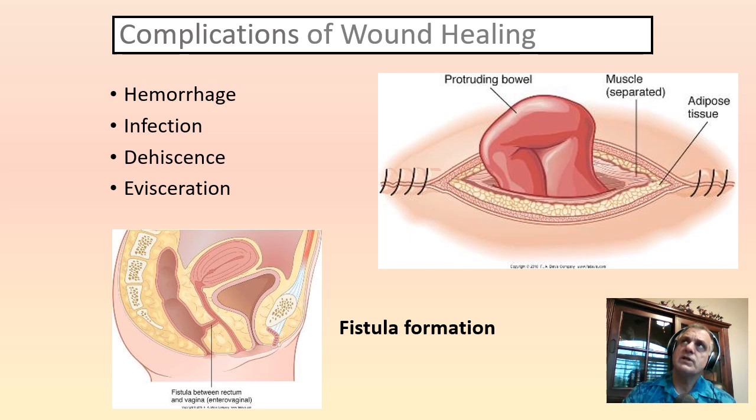Now let's look at the complications of wounds. Look at the pictures I've inserted in these slides. That wound that's open there, the bowel is protruding out. It's gone through the incision line, and that incision has opened up. We call that dehiscence.